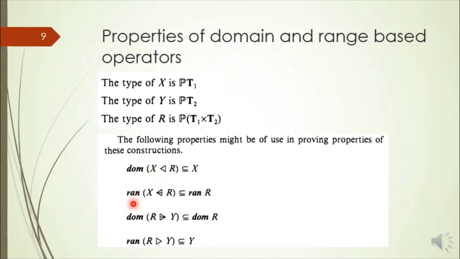Similarly, the range of the domain subtraction operator, where X is the first argument as a subset, would be a subset of the range of R, and the domain of the range subtraction operator under relation R by taking Y as a subset would be a subset of the domain of R, and the range of the range restriction operator under relation R to subset Y would be a subset of Y.